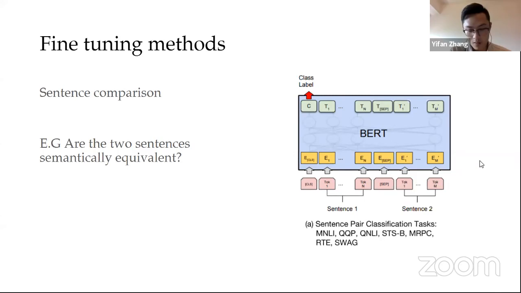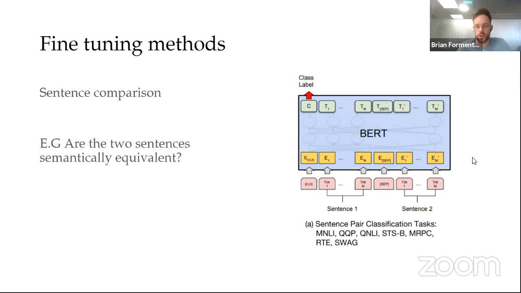Okay. So when you compare two sentences, you also formulate it as a classification problem? You can, yeah. So both the SOP task and the NSP task belong to classification problems.